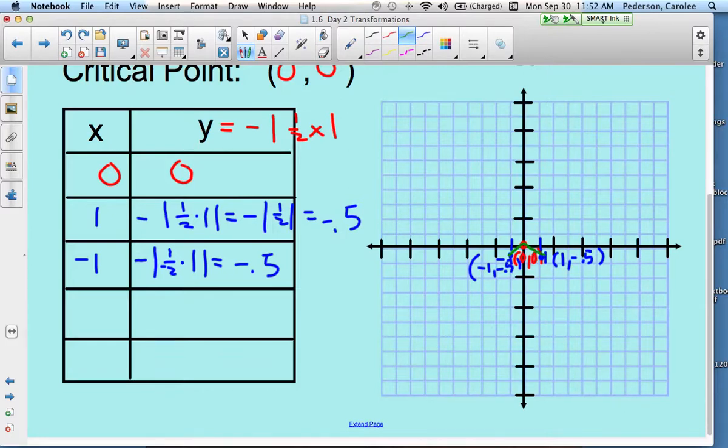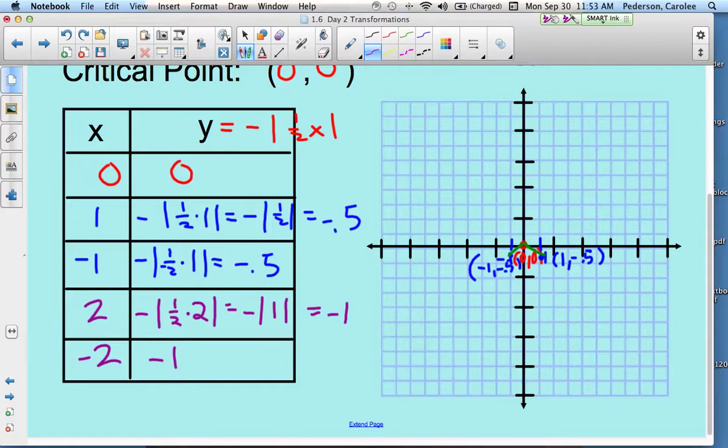So we'll go 2 and negative 2. Evaluate the function, so it's negative absolute value 1/2 times 2. 1/2 times 2 is 1, absolute value of 1 is 1, and you get negative 1. Should get negative 1 also on the second one because of the symmetry.